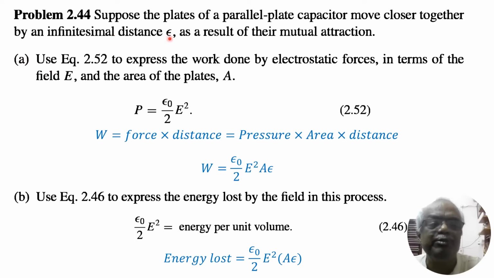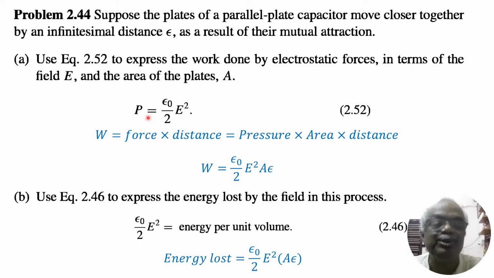It is moving by a very small distance epsilon. First, use equation 2.52 to express the work done by the electrostatic force in terms of the field and the area of the plate A.